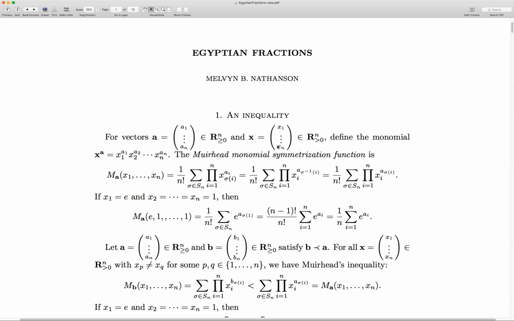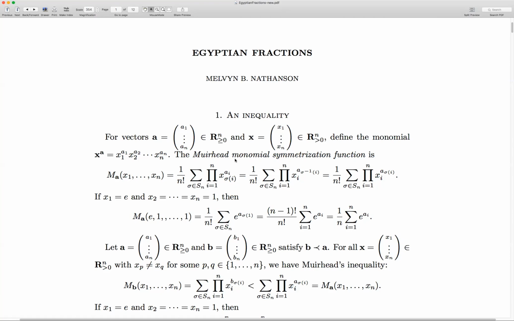And associated with this vector X and this vector A, we have the monomial x1 to the a1, x2 to the a2, and so forth. And this is just a number. What Muirhead did is he averaged out the value of these monomials over all possible permutations of x1 up to xn.